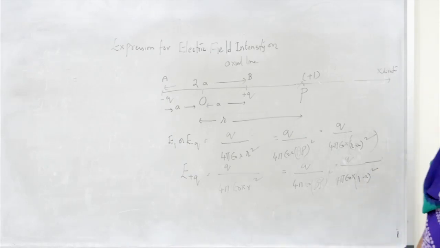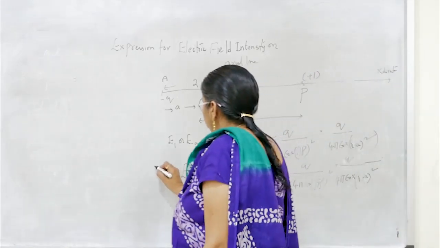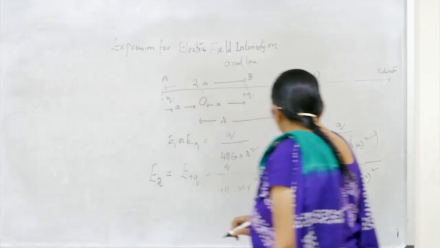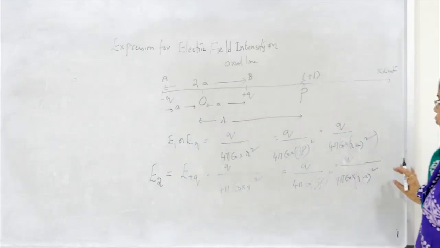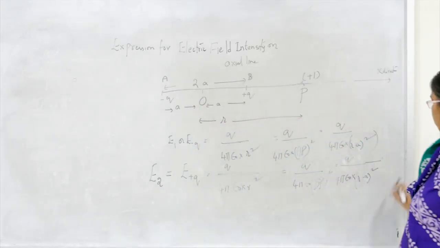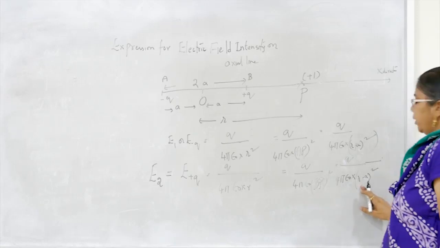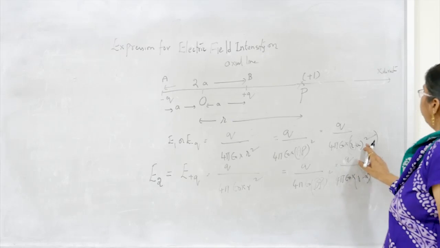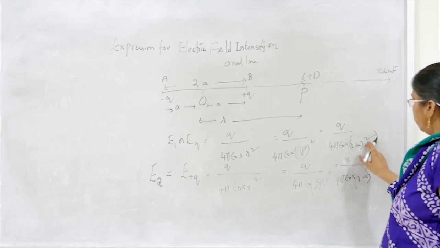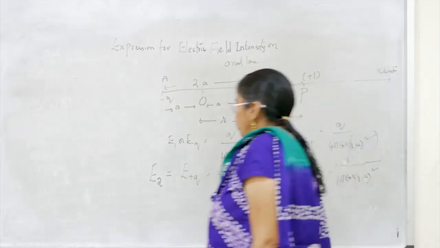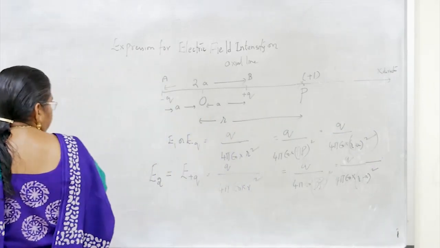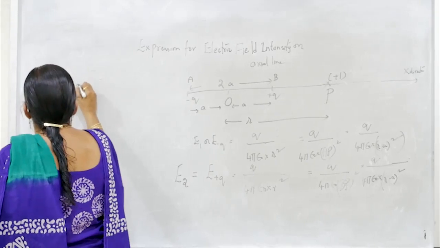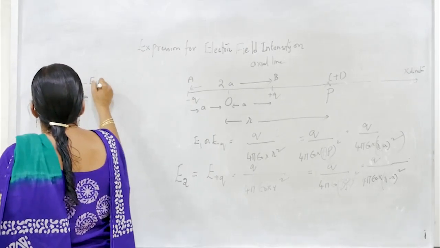Now, or this can be written as E2. Now we have a doubt over here which one to subtract from the other one. So here the numerator is less, so the denominator will be more, and here the denominator is more and the numerator is less. So you subtract E2, so total intensity E is equal to E2 minus E1.